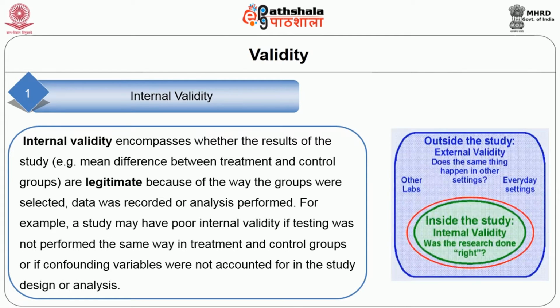For example, a study may have poor internal validity if testing was not performed the same way in treatment and control groups, or if confounding variables were not accounted for in the study design or analysis.